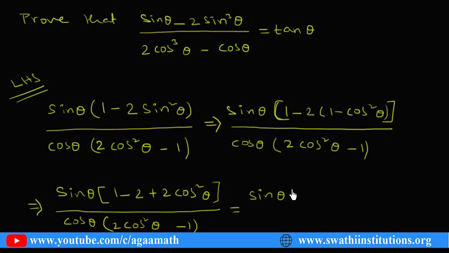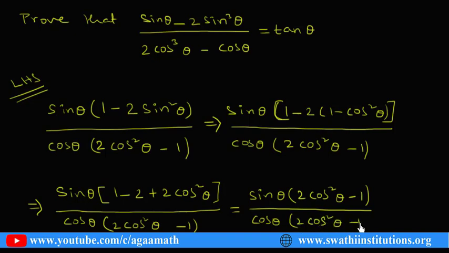Sine theta of 1 minus 2 means it is like 2 cos square theta minus 1 by cos theta of 2 cos square theta minus 1. So both get eliminated. So we have sine theta by cos theta, that is equal to what? Tan theta, which is equal to RHS. Therefore LHS is equal to RHS.